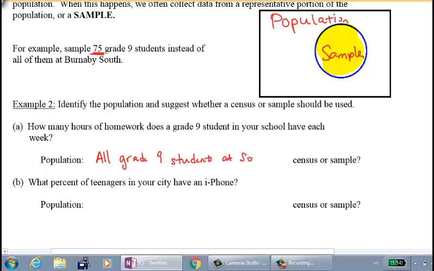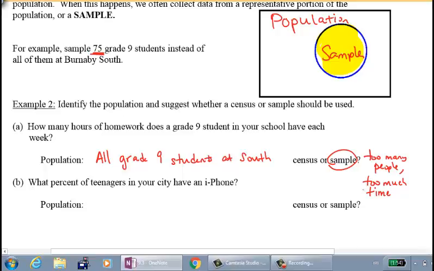But that's going to be hard because there's almost 400 of you guys, so don't do a census, let's do a sample. Why a sample? Because there's too many people, and it might take too much time to ask everybody in the population.